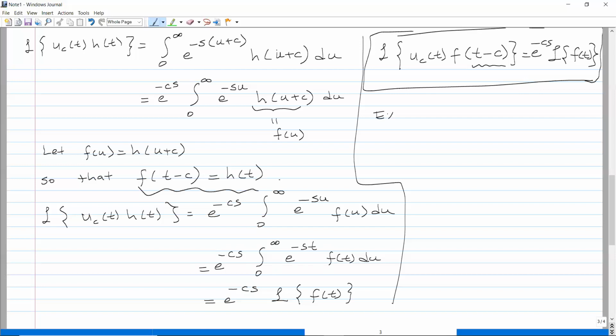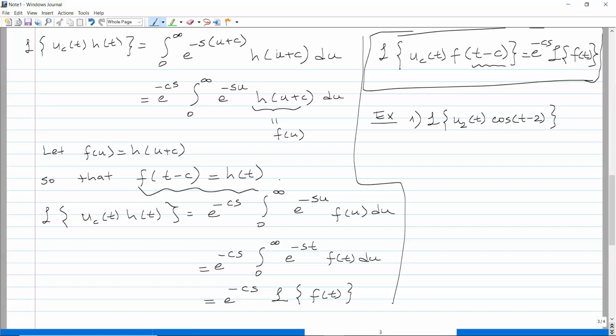So for example, the Laplace transform of, let's say, u2 of t times cosine of t minus 2. You see, since I have u2 in front of it, I need cosine of t minus 2.